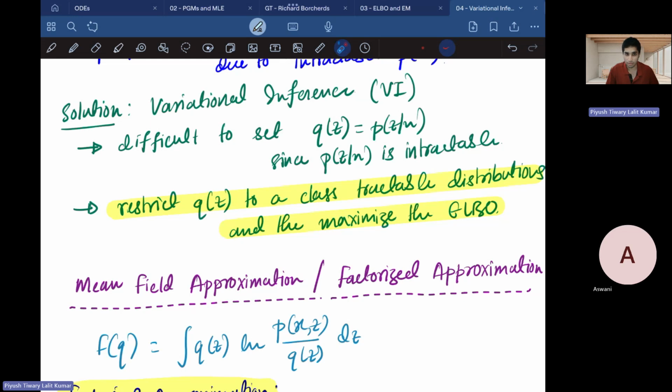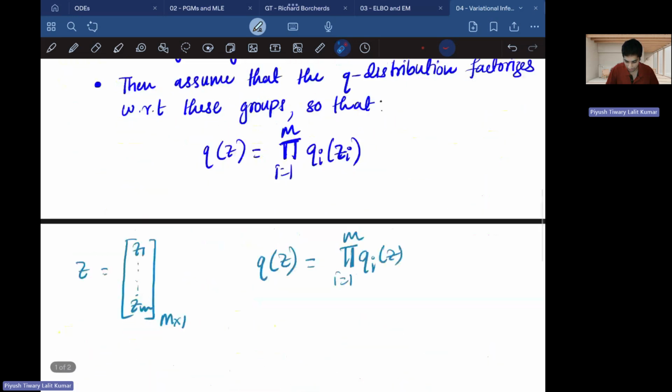You will have to come up with distributions which by design are tractable, and then you can go on and do other stuff, whatever you want to do. So the first hurdle itself is to come up with a distribution that is tractable by design.